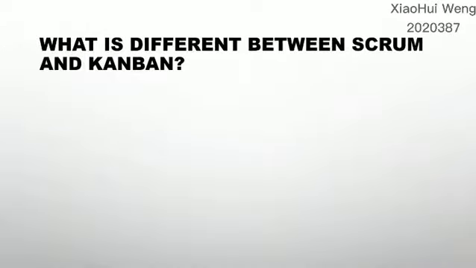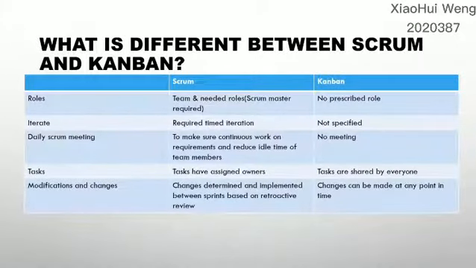So what is the difference between Scrum and Kanban? As we can see in this table, Scrum has teams and some lead roles, for example, Scrum Master. They require time iterations, and they have the daily Scrum meeting to make sure they continue work on requirements and reduce idle time of the team members.